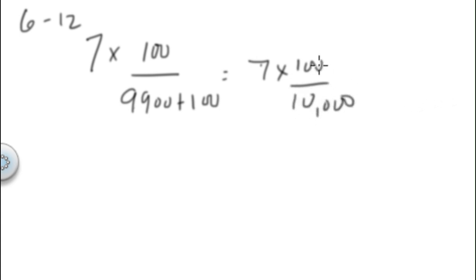So we scratch out zeros, and it's 7 over 100, or 0.07. So 7 divided by 100, or 0.07 volts.